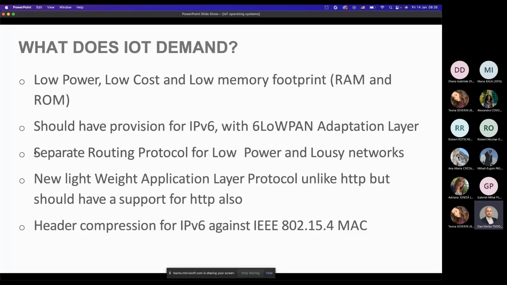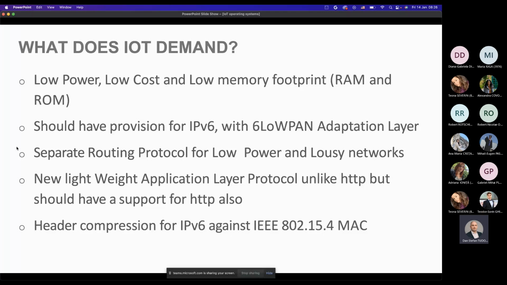Whenever you are dealing with these devices, they usually employ some sort of radio transceiver to communicate with other devices and/or a gateway. These radio transceivers, they are, again, low cost, so they do not employ a lot of error correction. They usually do not have a lot of transmission power, so the range of the radio transceiver is not great.